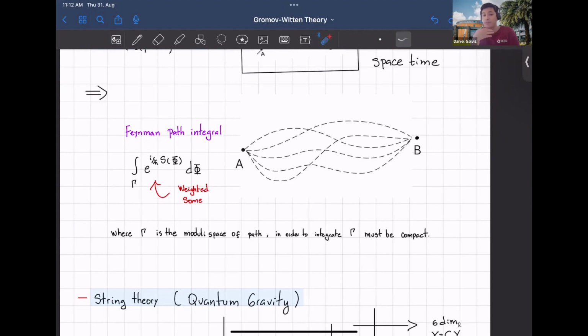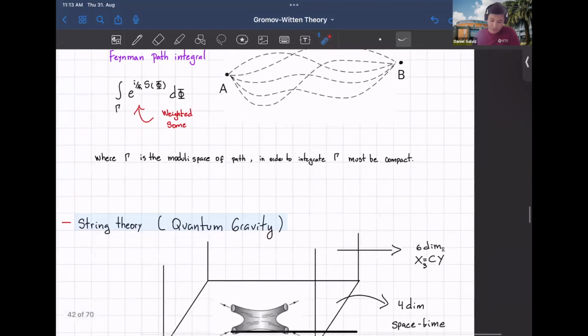When I say strings propagate, it is the string going from one point to another. Of course, you can have other observables. Actually, these calculations are related to the energy, what we call the free energy, and you have a sum over many genera of these Riemann surfaces.